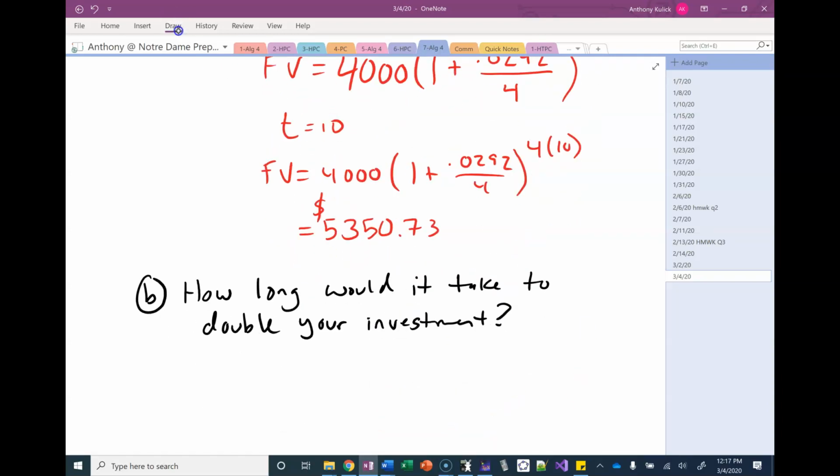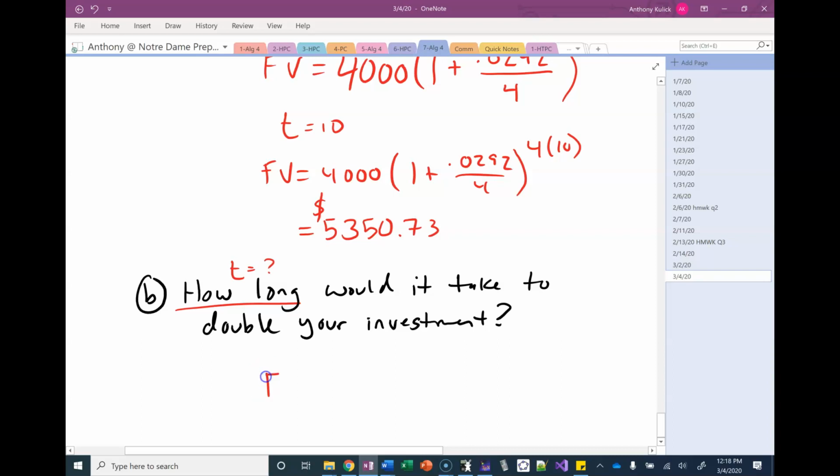What if we ask how long would it take to double our investment? So what value are we looking for here? T, right? Because it's asking how long. That's another time question. Okay?